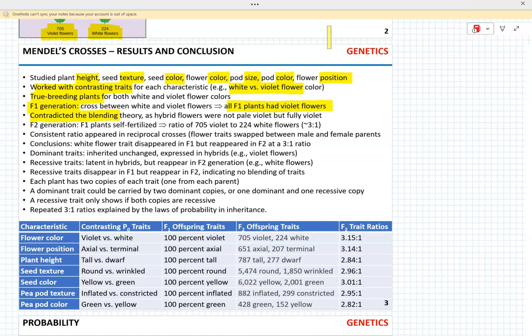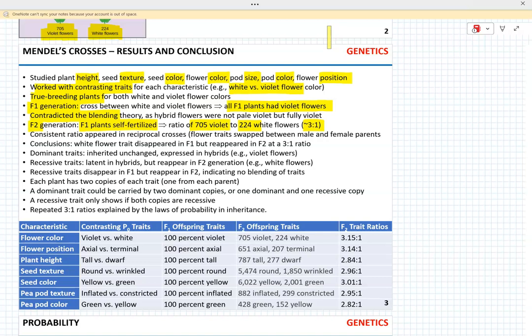The self-fertilization of the plants from F1 produced F2 generation, in which 705 plants had violet flowers, and 224 plants had white flowers, roughly 3-to-1 ratio.